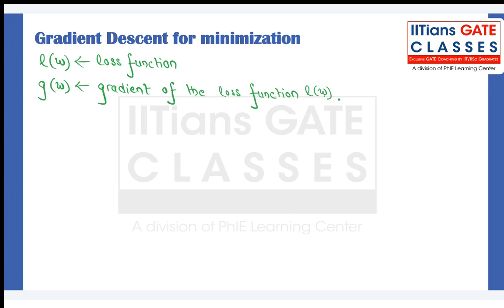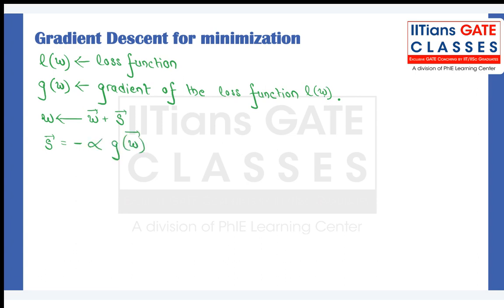And then what I do is I update my W plus some vector S. And I claim this vector S, when it comes to gradient descent, is nothing but minus alpha GW.